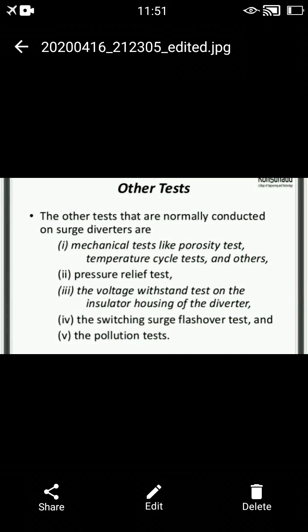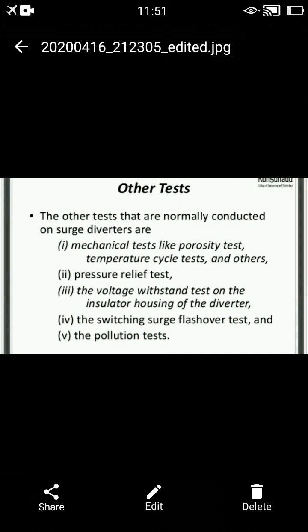The next type of test is the voltage withstand test on the insulator housing of the diverter. The fourth type of test is the switching surge flashover test. In that test, switching surge is applied to the surge diverter and flashover is checked. So this test is called the switching surge flashover test.